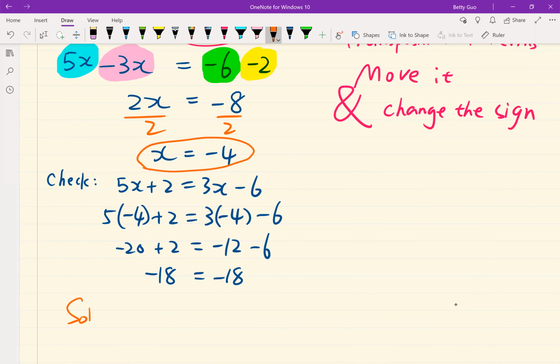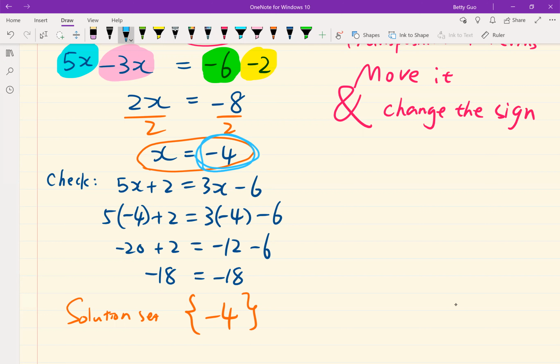The solution set is a set containing one solution, which is negative 4. Do you have the temptation to write negative 18 here? Please don't do so, okay? The solution that you got is negative 4.